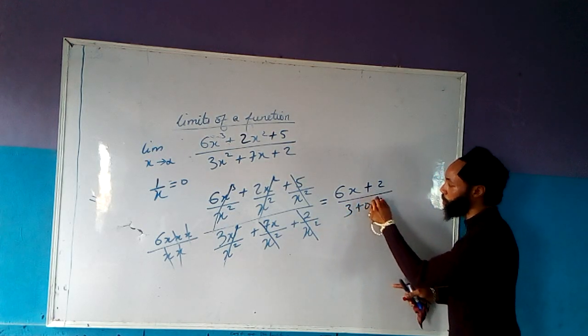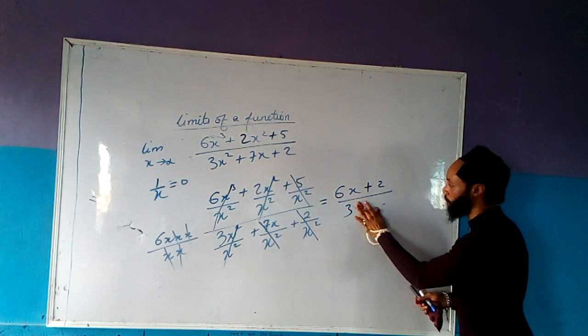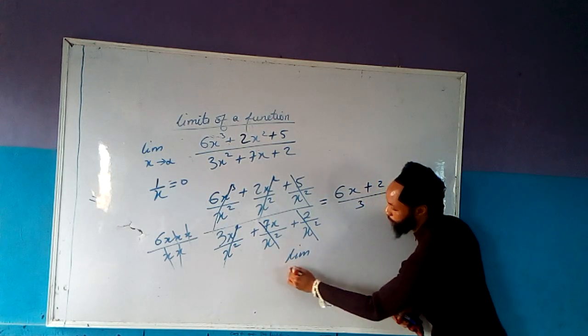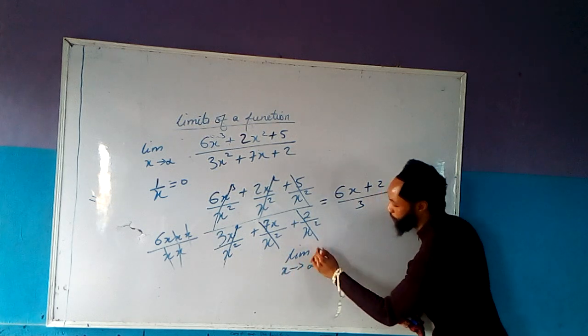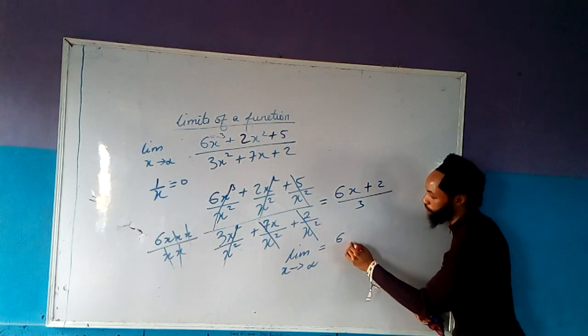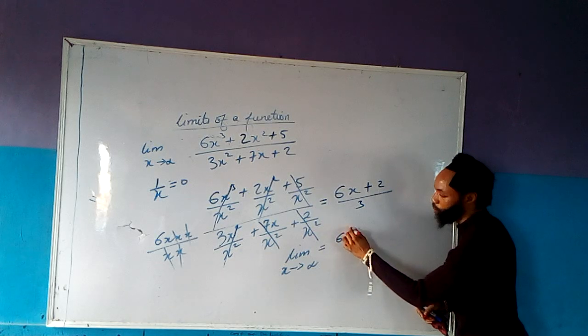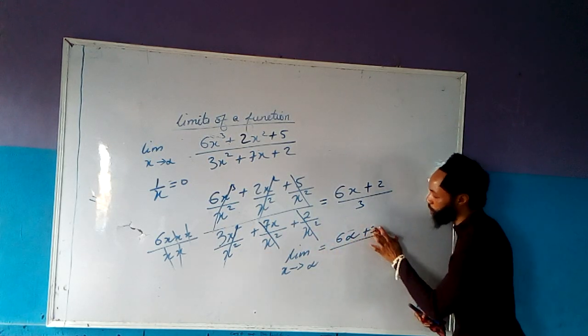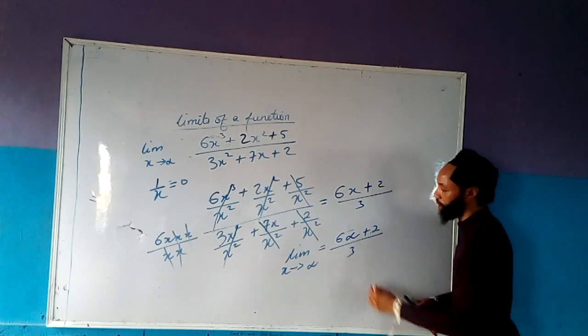The rest are 0 and 0, so we don't need that. Remember, the question says limit as x approaches infinity, so we solve x for infinity: 6 times infinity plus 2, all over 3.